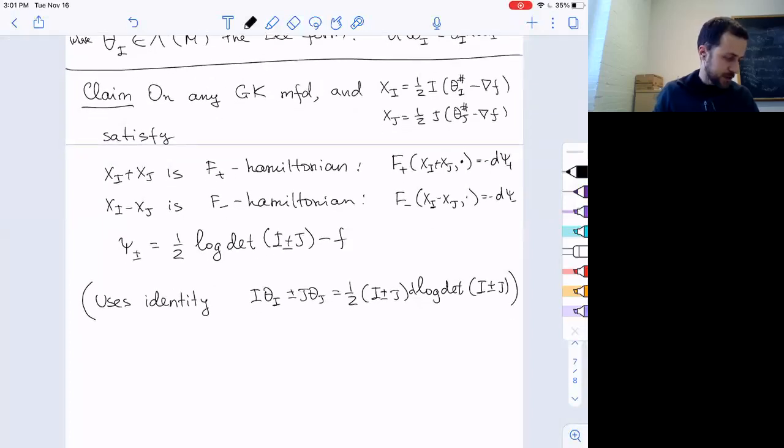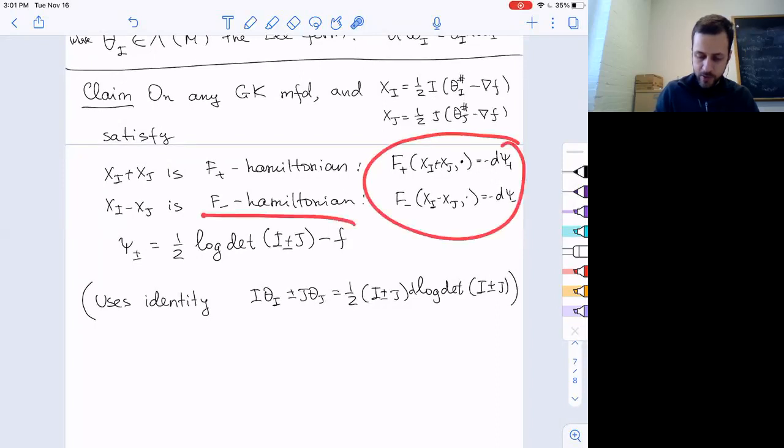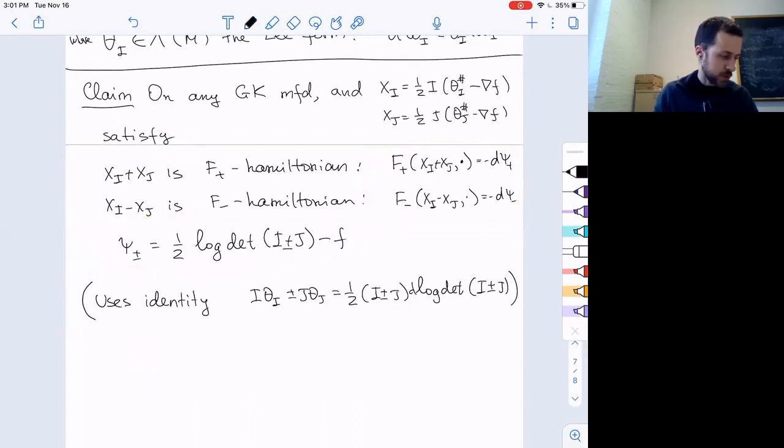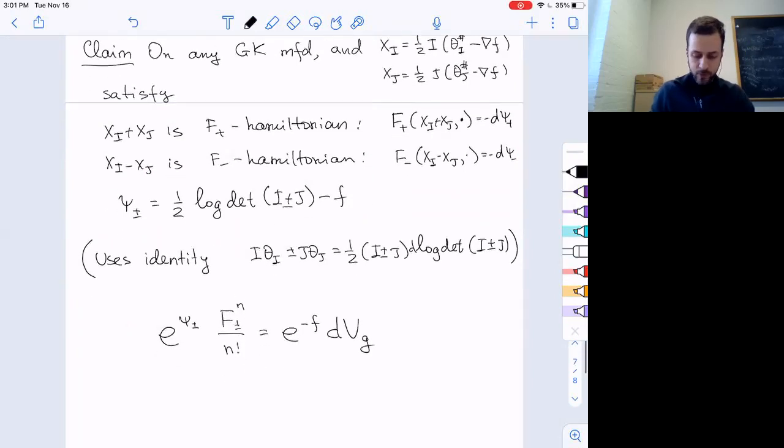And it has an interesting consequence, this fact. I can actually rewrite this defining identity of psi plus and psi minus as follows. I can write it as e to the psi plus or minus, times F plus or minus to the power n over n factorial, equals e to the negative f, and this is the volume form. So the formula for psi written here is equivalent to this one.